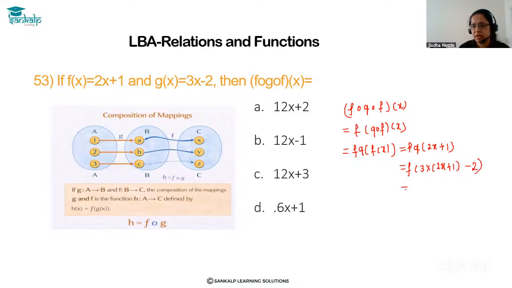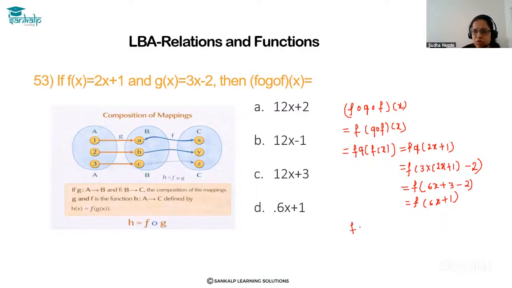So that is equal to f of 6x plus 3 minus 2. That is f of 6x plus 1. Okay. You need to find now f of 6x plus 1.